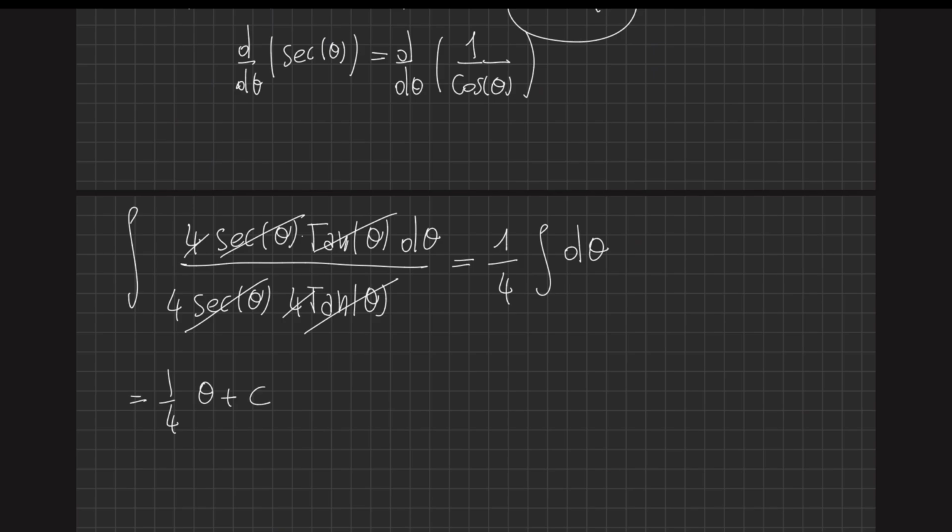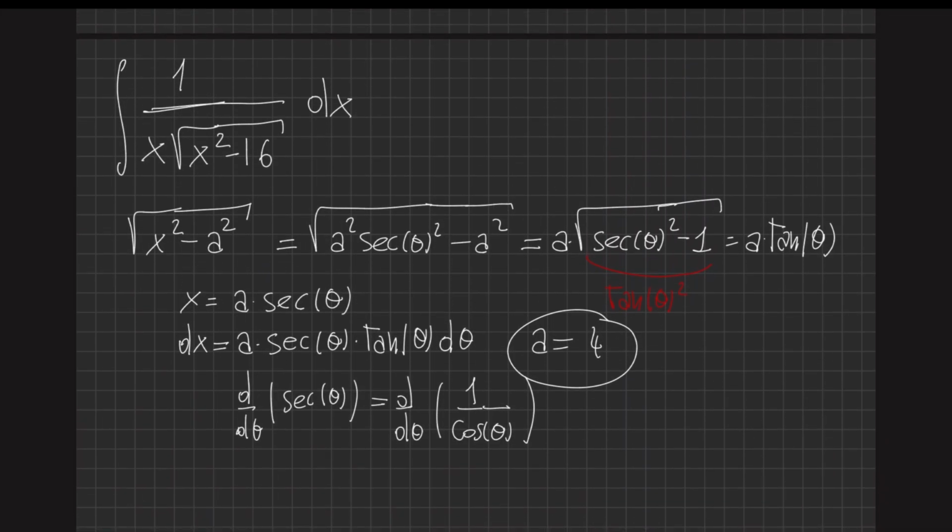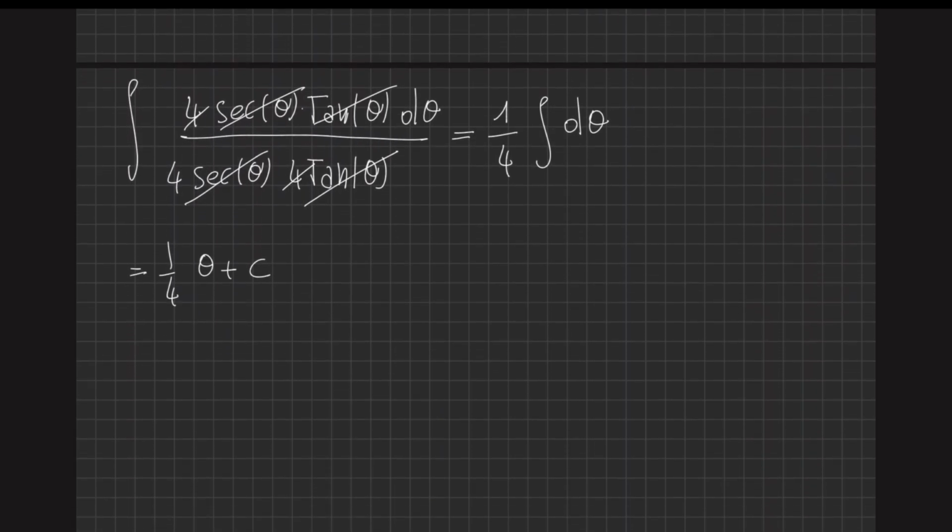And now I have to go back to x. So let's remember, we said that x was equal to 4 times the secant of theta. So x over 4 is equal to the secant of theta. And I don't like to write the arcsecant, the inverse of the secant. I prefer to write this as 1 over the cosine of theta, which means that 4 over x is equal to the cosine of theta.